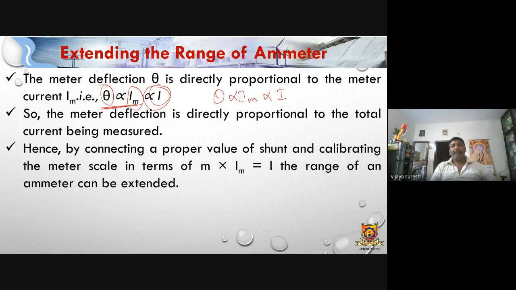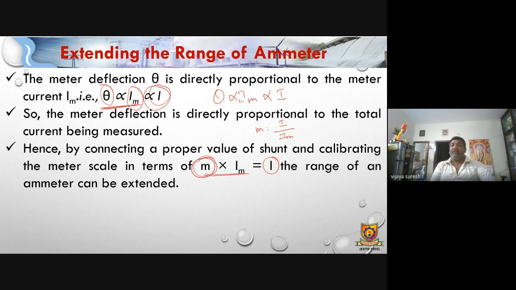Hence, by connecting a proper value of shunt and calibrating the meter scale in terms of m into Im, so that we are going to get the capital I, the range of the ammeter can be extended. Okay, so we are going to take the multiplier, m is nothing but I by Im.